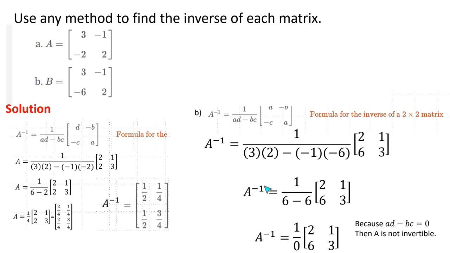Okay, so 3 times 2 is 6. Negative 1 times negative 6 is 6. And 6 minus 6 gives us 0. So here we cannot divide by 0 because it would be undefined. So that means that this matrix does not have an inverse. So we say that A is not invertible. So it does not have an inverse.